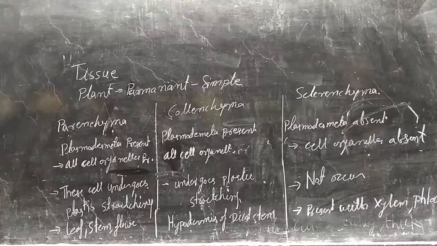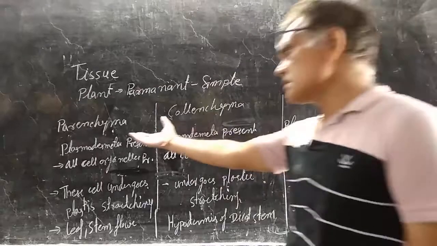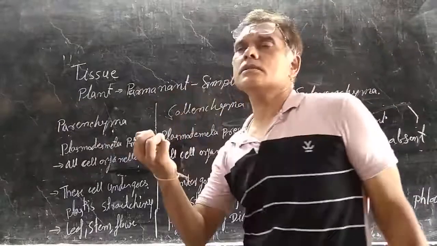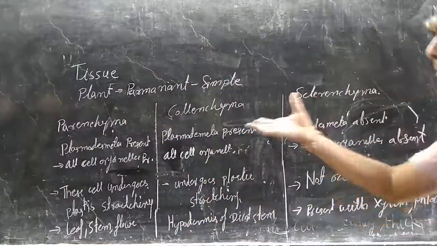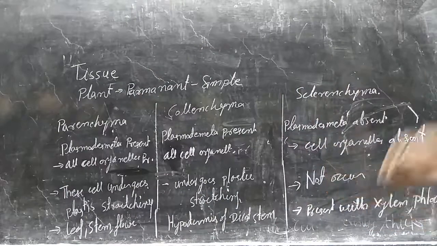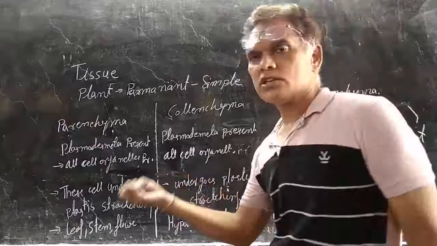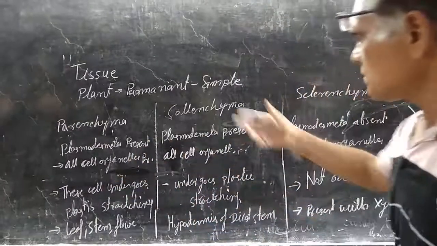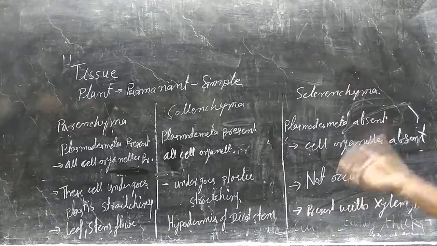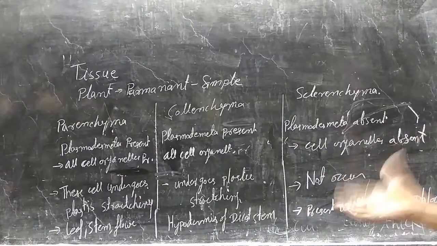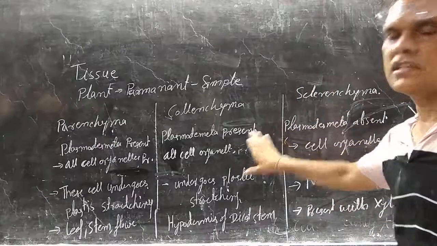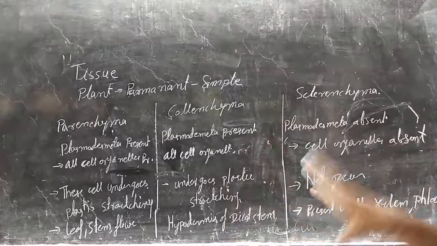So when we see the function, parenchymatous cells help in the storage of surplus food material, photosynthesis, and waste material. Collenchyma helps in photosynthesis whenever chloroplast is present and provides flexibility to the plants.